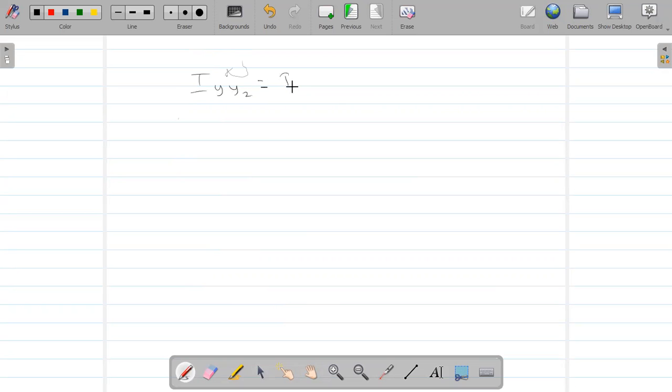Iyy2 is equal to Icg2 plus A2 H2 square. Again, H2 is nothing but x bar minus x2. X bar is also 5, x2 is also 5. So this will become 0. Therefore, Iyy2 will be equal to Icg2 plus 0.